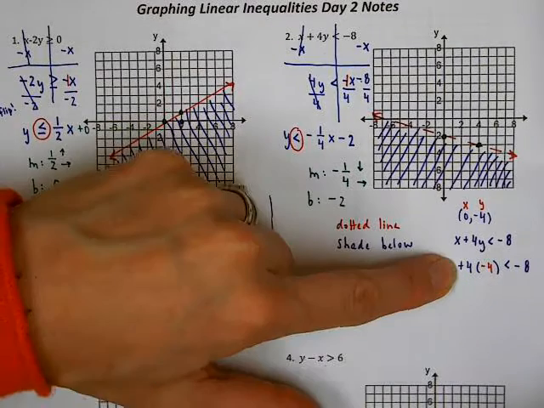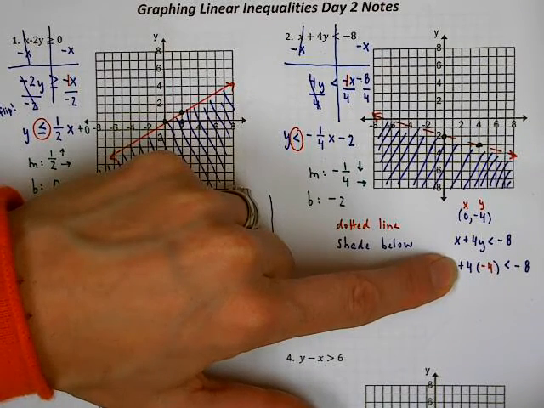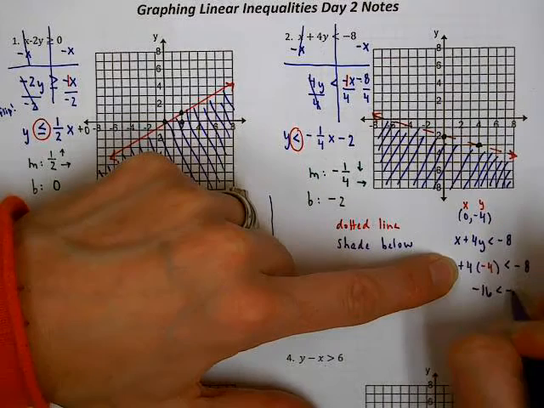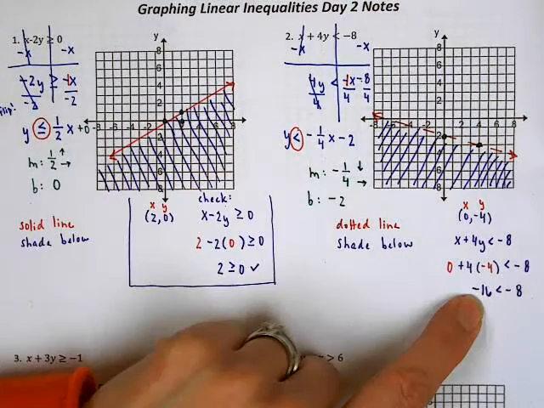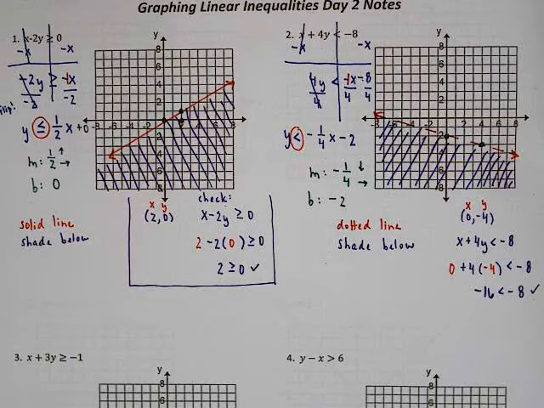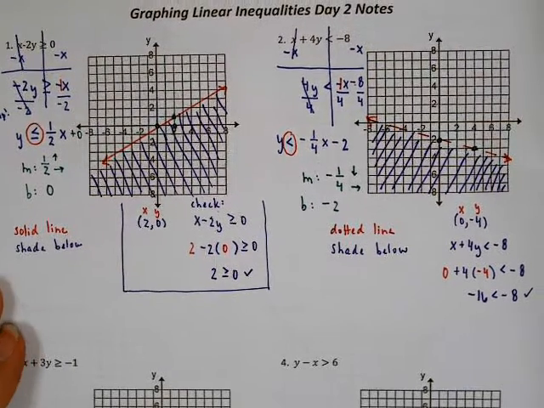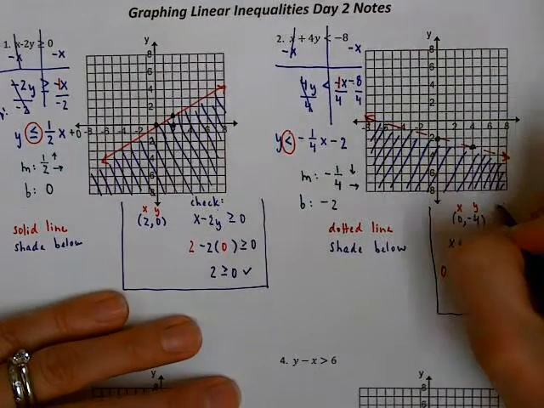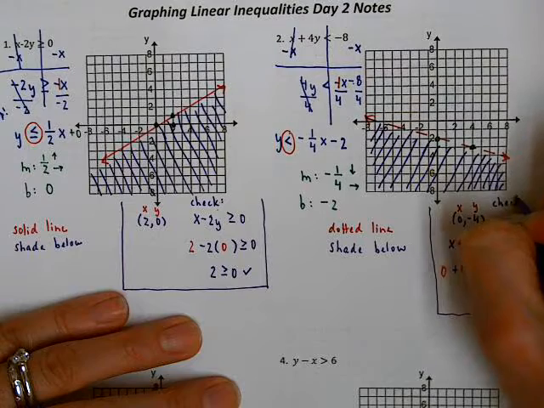So the 0 we can ignore. So I have positive 4 times -4 is -16, less than -8. Since this is more negative, it is smaller, and we know we shaded correctly. And again, all this work here is just our check so that we can feel good about our answer.